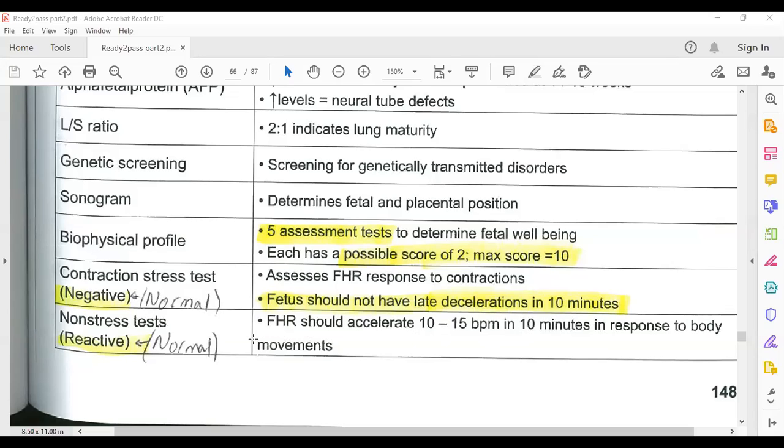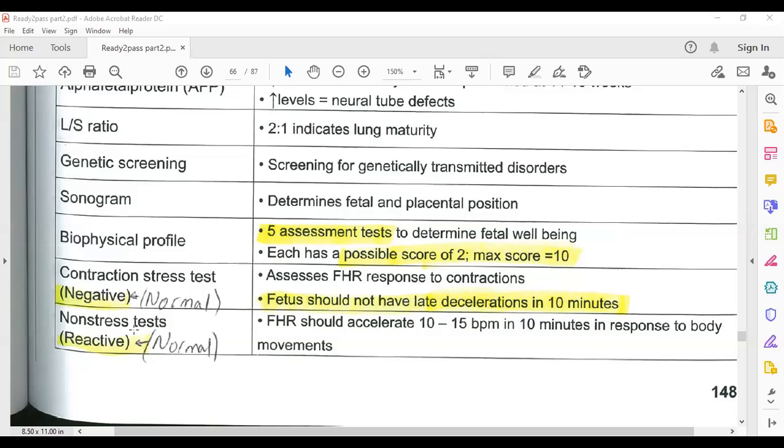So the indication of the non-stress test is decreased fetal movement. If the fetal movement is decreased, this is an indication of the non-stress test. Or diabetic mother, or gestational hypertension, or post-maturity.